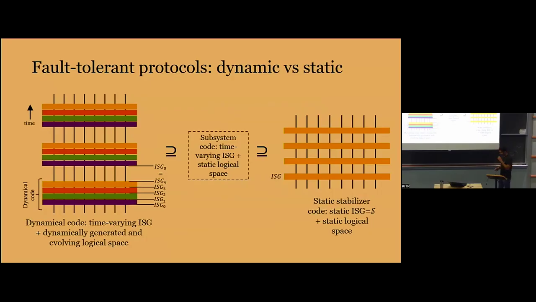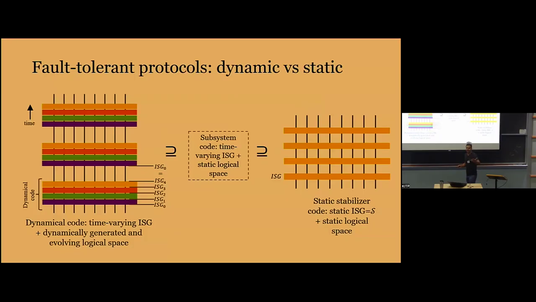A generalization of this is something on the left side, which is a dynamical code, where you also want to be in an eigenstate of some stabilizers, but there can be intermediate states where you are in the eigenstate of slightly different stabilizers.